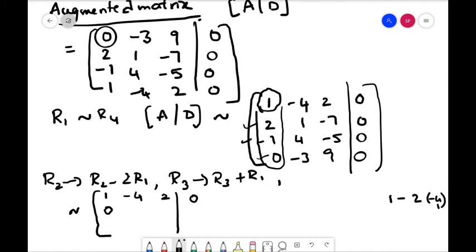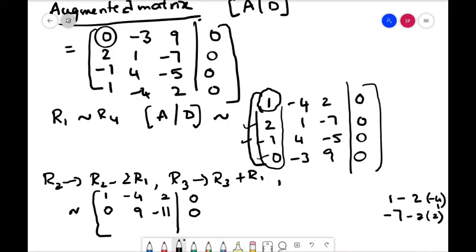So 1 plus 8 will be 9, and then next one is minus 7 minus 2 into 2, so minus 7 minus 4 is minus 11, and this is 0 because here there won't be any change.